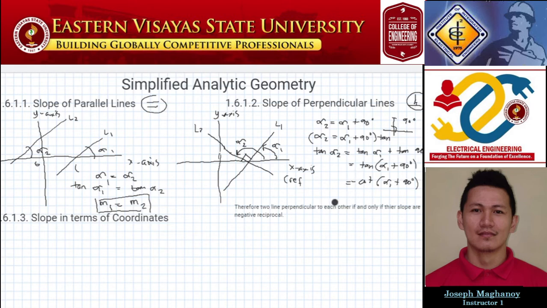So therefore, tangent alpha 2 is equal to the negative reciprocal of tangent alpha 1.